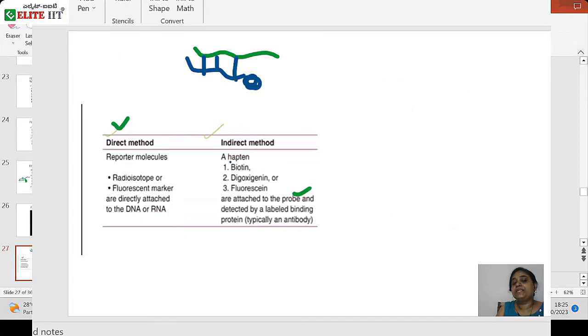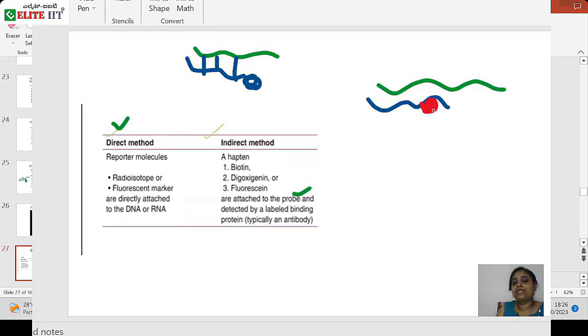Whereas in the case of the indirect method, what is happening? In that case, this is the gene of interest. Now you have to use one probe. Suppose this is the probe. With the probe, in most cases, one attachment is there, that is called biotin.